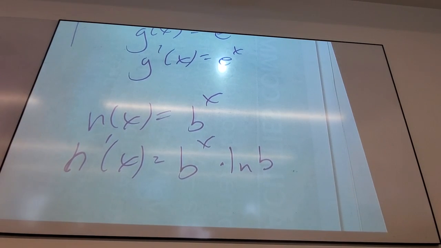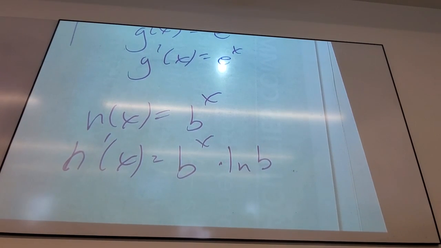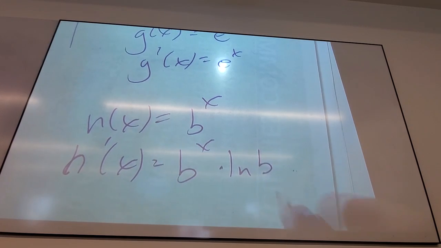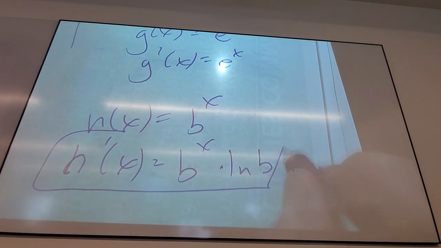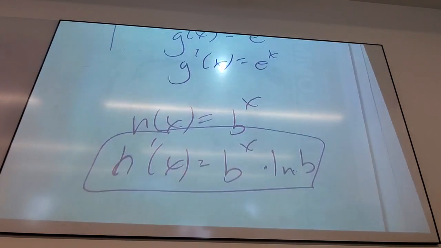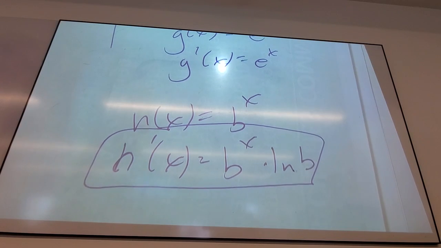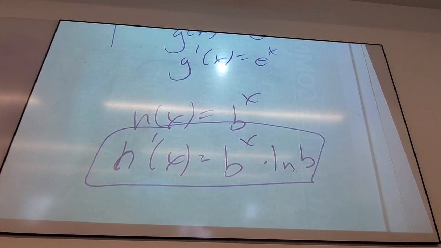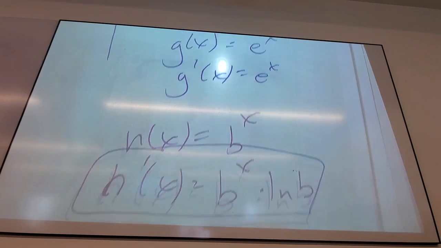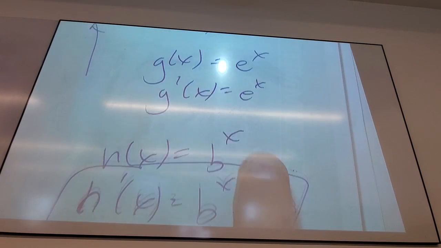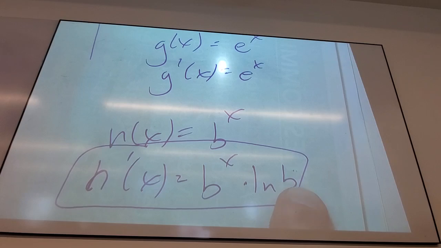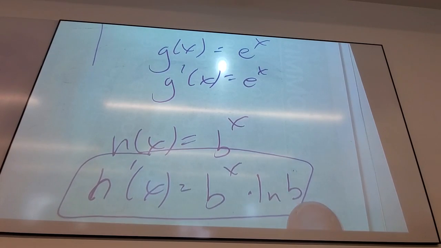So that one is the exponential derivative, and the other one is the exponential. Kind of sucks that we use the same word for both. So this is the general rule. This is a specific circumstance. If b is e, natural log of e is 1. That's beautiful.